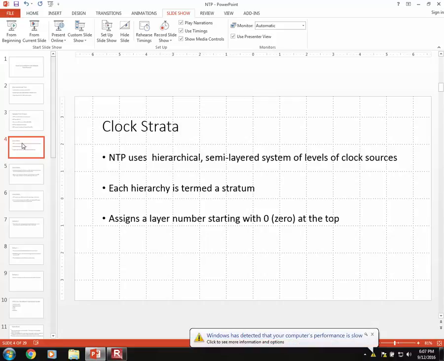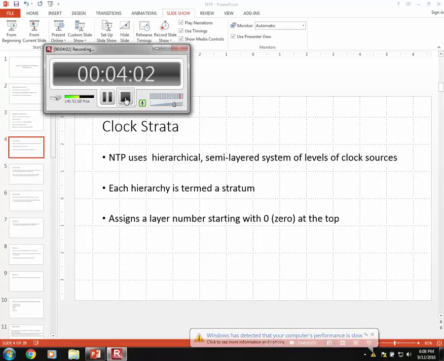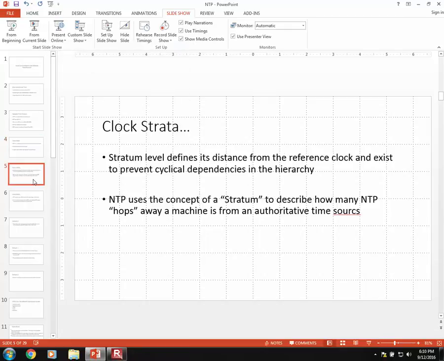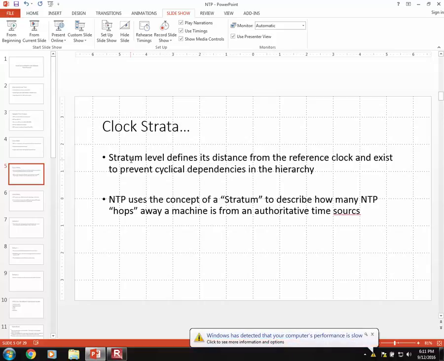Each hierarchy is termed a stratum, and layers are assigned starting with 0, basically the root, at the top. Stratum levels define the distance from the reference clock and exist to prevent cyclical dependencies in the hierarchy. In other words, you don't have a situation where one clock is dependent on another, which is dependent on another, and you go in a circular fashion.